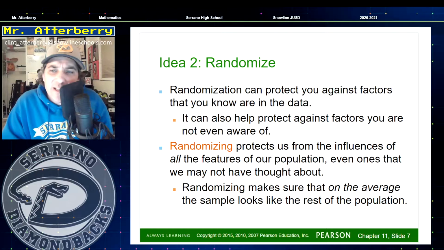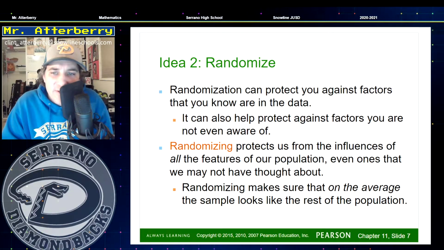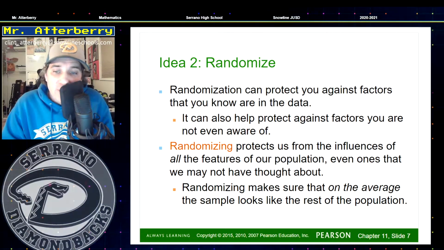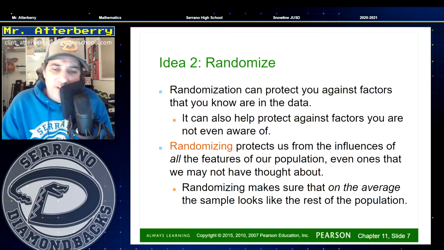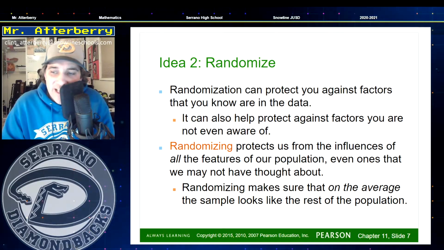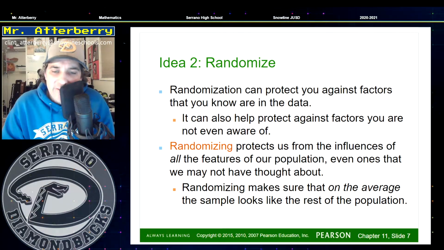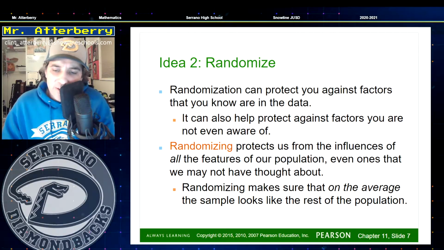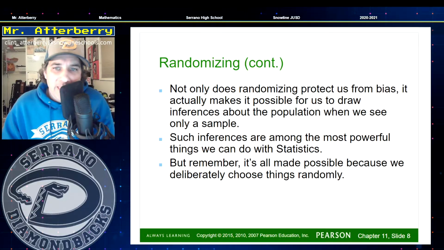Randomize. Randomization can protect you against factors that you know are in the data. It can also help protect against factors you are not even aware of. Randomizing protects us from the influences of all the features of our population, even ones that we may not have thought about. Randomizing makes sure that on the average, the sample looks like the rest of the population.